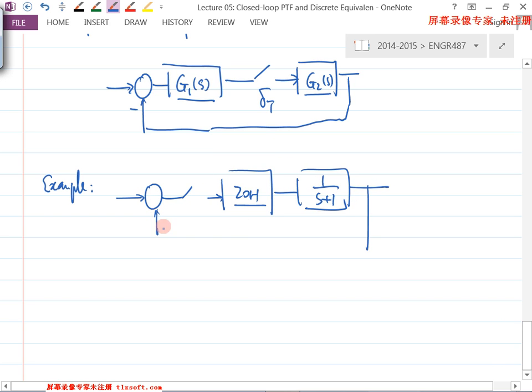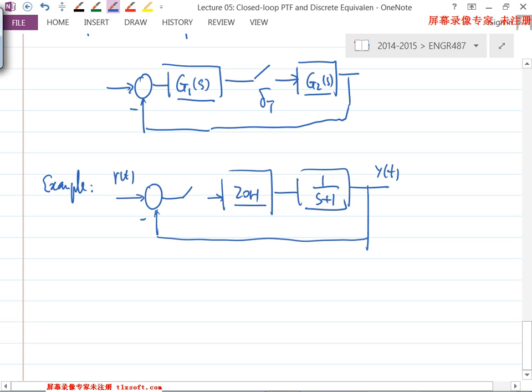Now I'm going to close the loop here. So we close the loop, and then let's look at the closed loop pulse transfer function for this system. The only difference is we close the loop now.